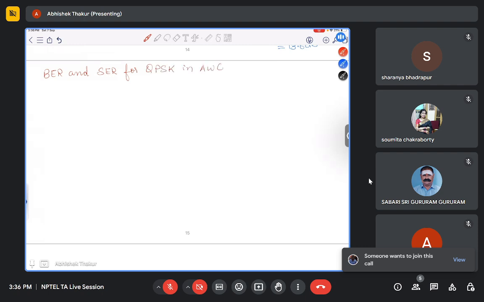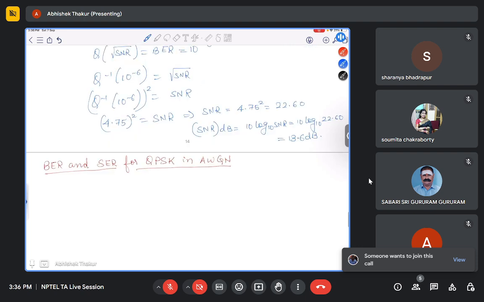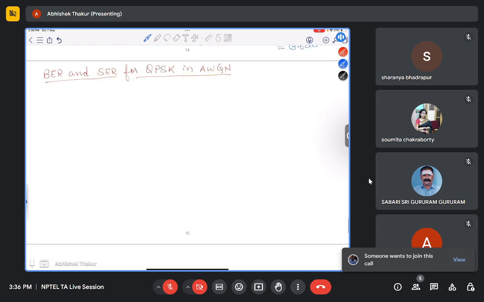Now what is the symbol error rate? We have only studied bit error rate in the previous modulation scheme, that was binary phase shift keying. Why are we studying SER for QPSK, why not for BPSK?